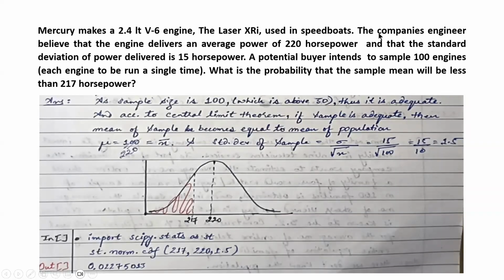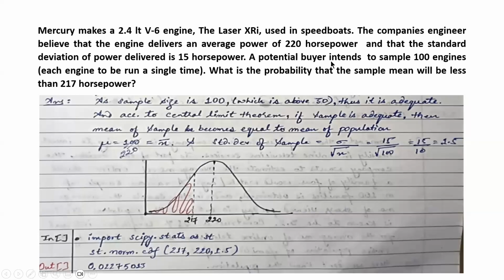The company's engineers believe that the engine delivers an average power of 220 horsepower. The company believes their engine will deliver at least 220 horsepower. This is average, it means it is the mean. And the standard deviation of power delivered is 15 horsepower, so the standard deviation of the population is 15.